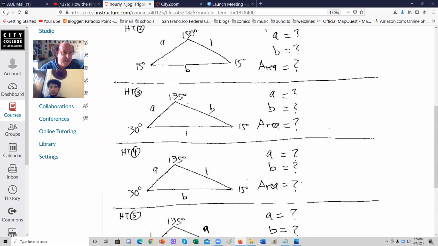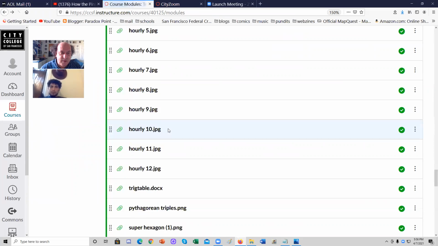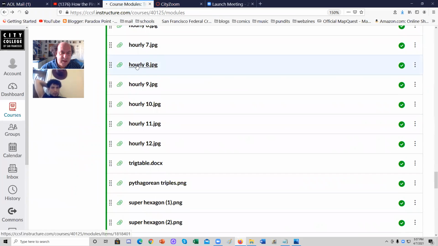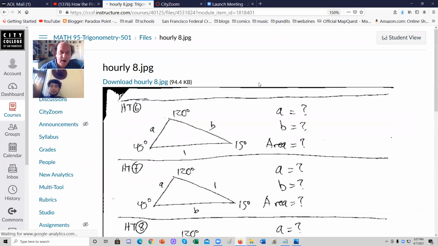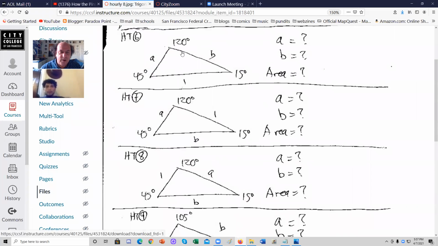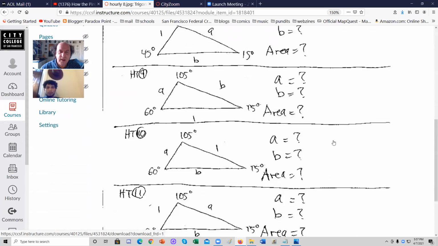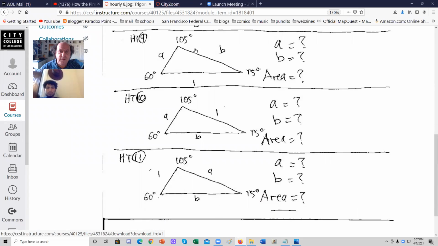That's for 7. Let's see what we have for 8. Pretty much the same thing. Here, the triangles are 45, 15, 120, with 1 on the long side, on the middle side, and on the short side. What's A, B, and the area? Here we have 60, 15, 105 degrees, with 1 on the long side, on the middle side, and on the short side.